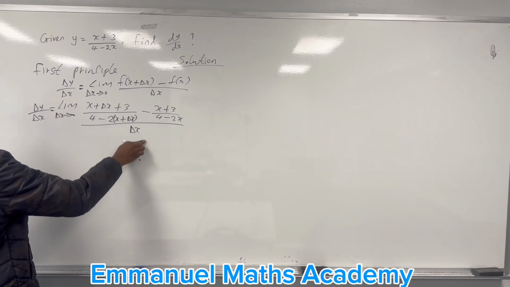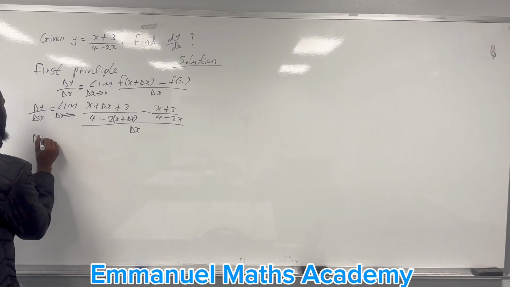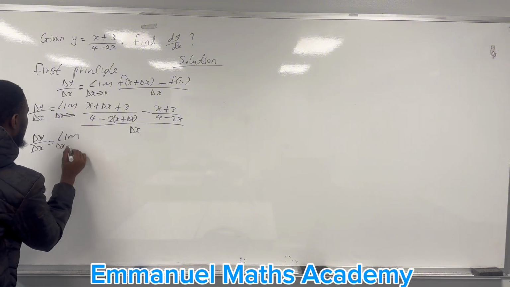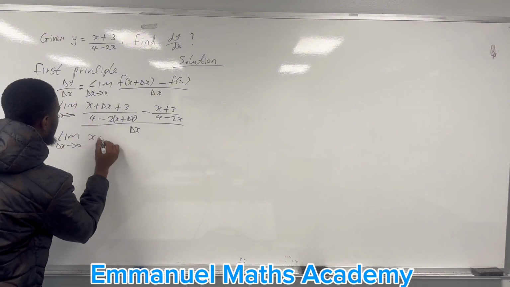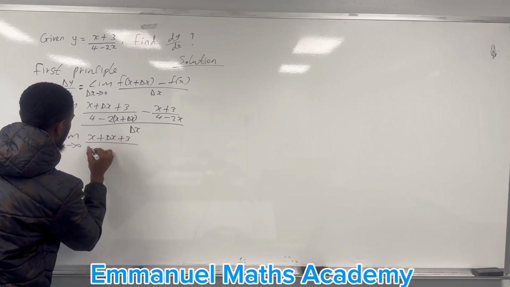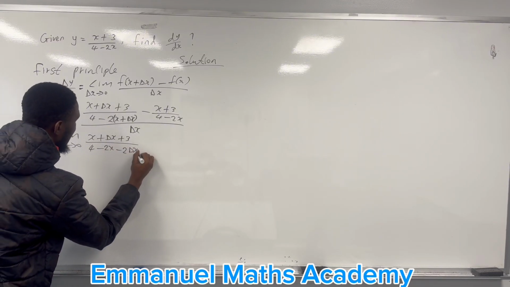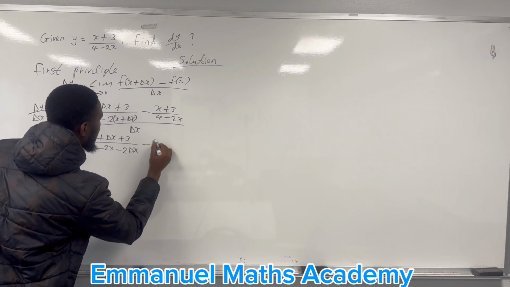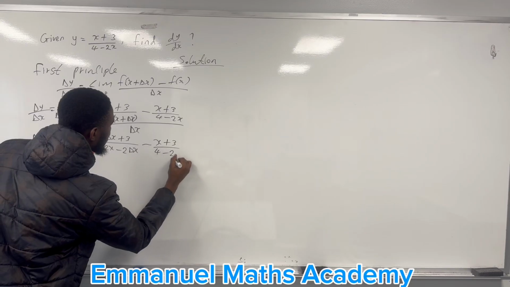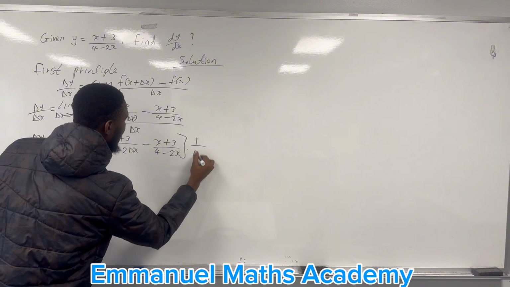But remember, I can actually place this delta x outside. So from this, delta y over delta x is equal to the limit as delta x tends to 0 of x plus delta x plus 3 over 4 minus 2x minus 2 delta x, minus x plus 3 over 4 minus 2x, all times 1 over delta x.